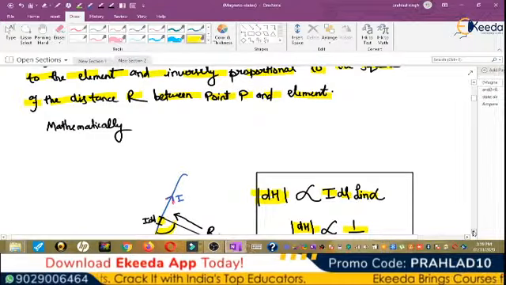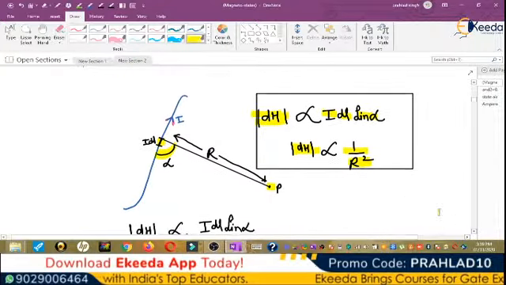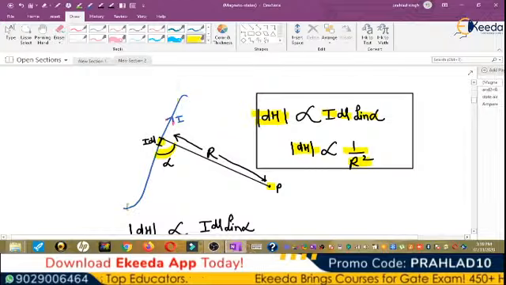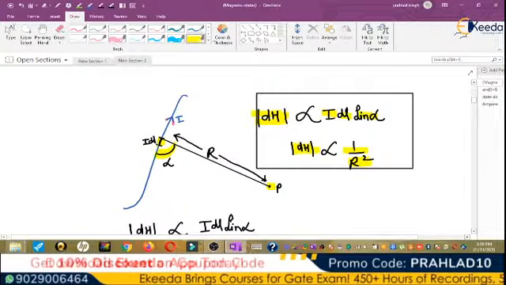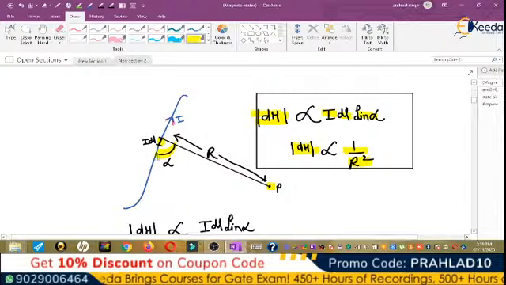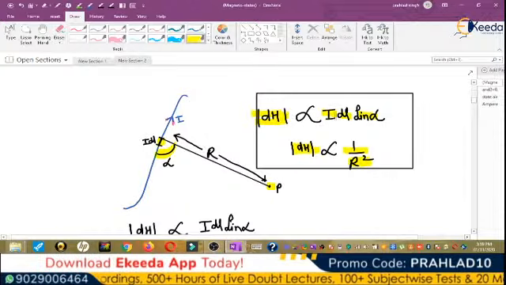So mathematically, how do we define the Biot-Savart law? This is the current carrying wire in which current I is flowing, and this is a small segment I dl which makes angle alpha with the line joining this element with the point. So the magnitude of dH is proportional to I dl sine alpha and inversely proportional to r square.